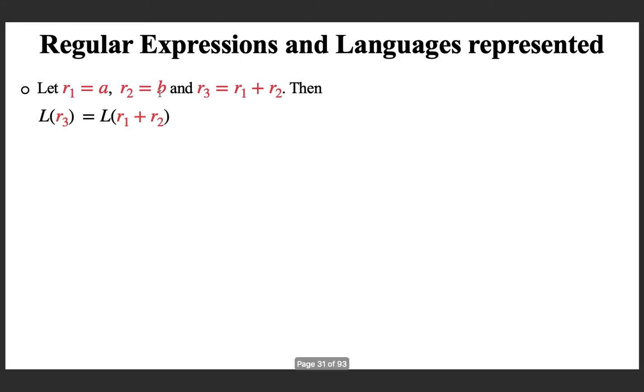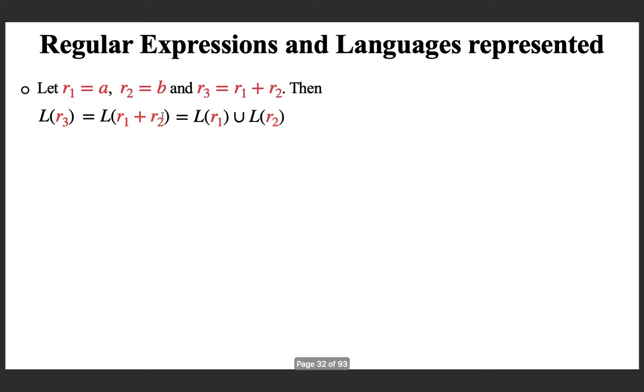Now we can look at some example regular expressions and the languages represented by them. Suppose R1 is this regular expression small a, R2 is small b. By the basic set of regular expressions, they are regular expressions. Now suppose you define R3 as R1 plus R2. Then by definition we know that the language of R3 is the language of R1 plus R2.